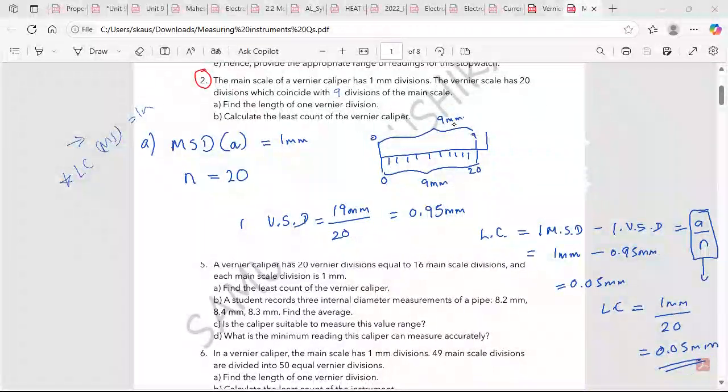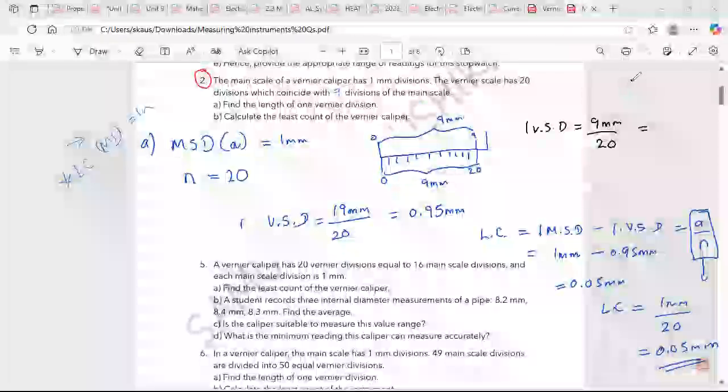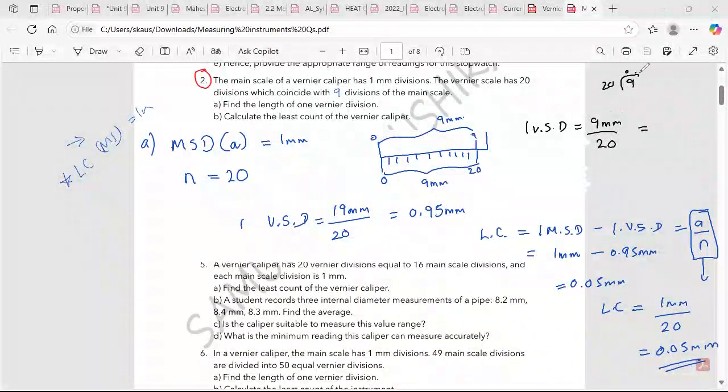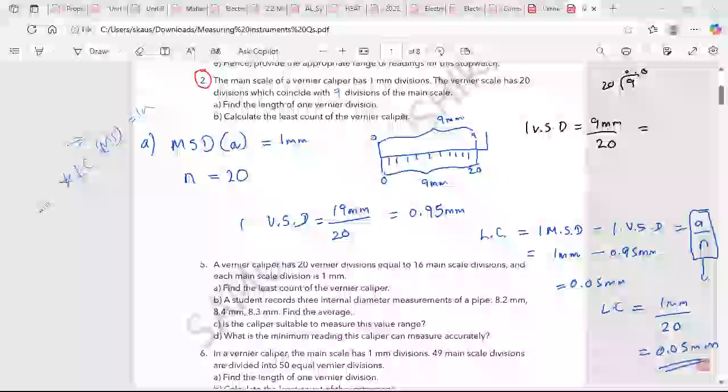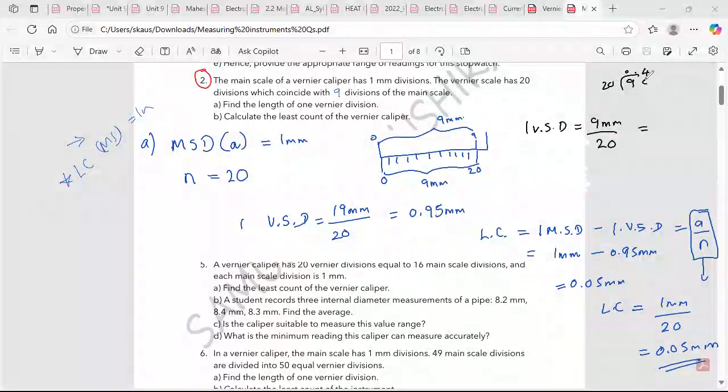Yes, both of you have got the vernier scale division value. So one vernier scale division will be equal to the total length, that is 9 millimeters divided into 20 now. So 9 over 20 is 0.45 millimeters.